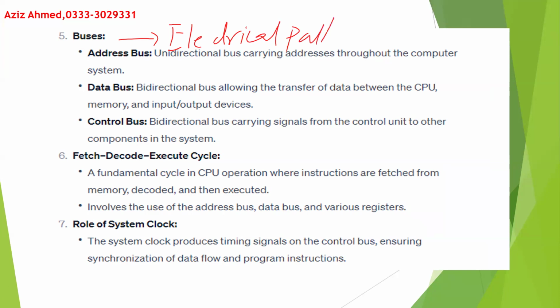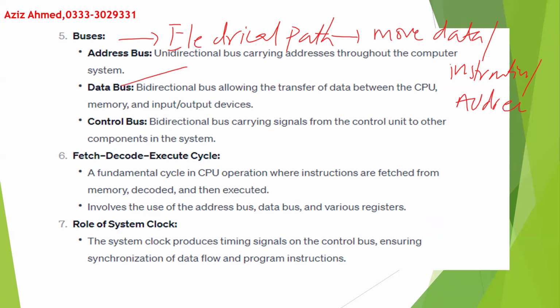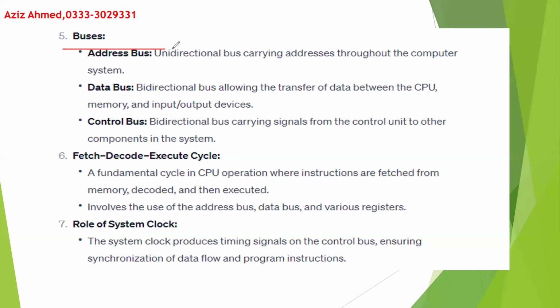Have you heard about buses? Move data, instruction, and address. These three: data by the data bus, address by the address bus, and instruction by the control bus. So whatever we have to move, we have to use buses.